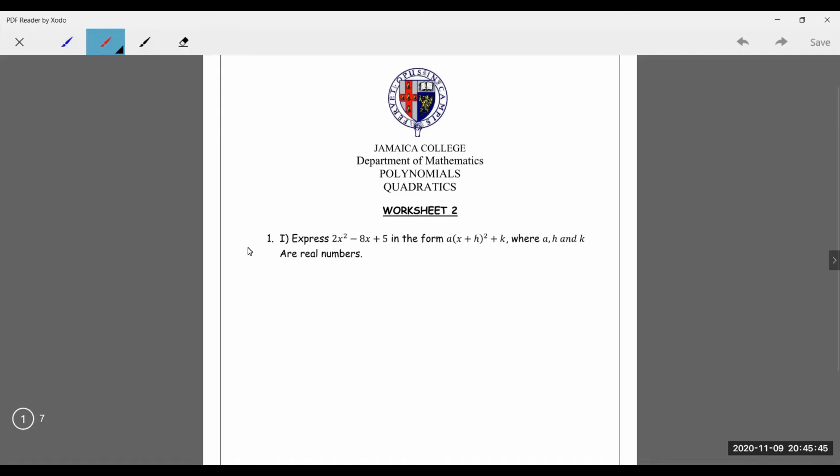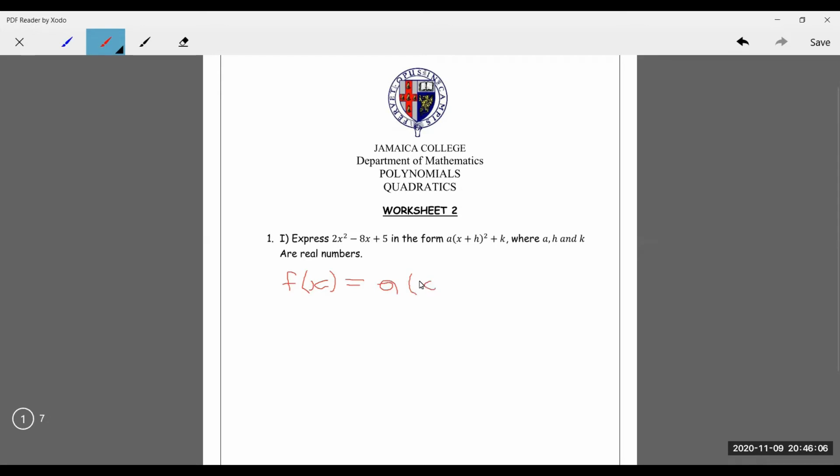Now, generally, the form that I use to remember this is I always try to write a function. When I'm completing the square, we write it in the form f of x is equal to a into (x plus h).